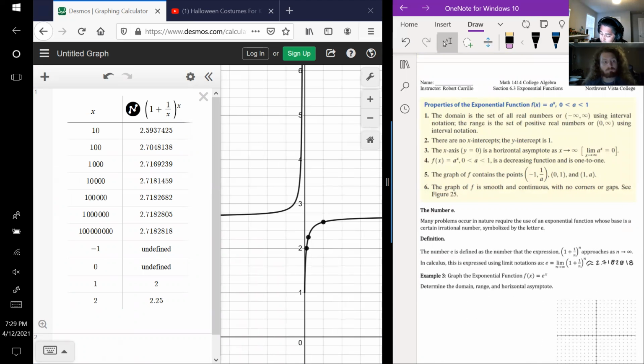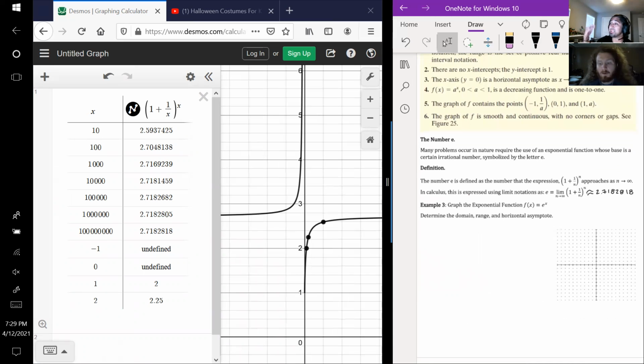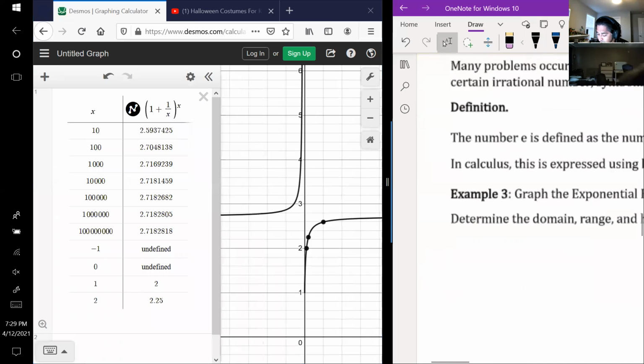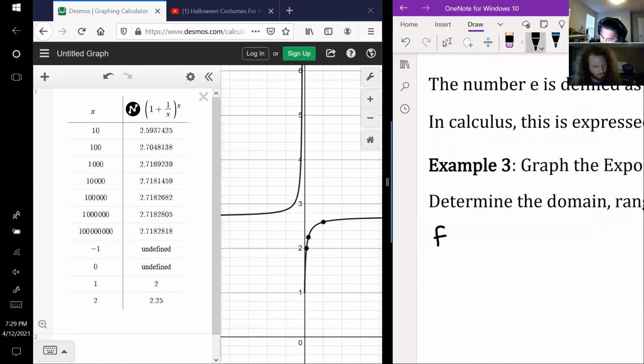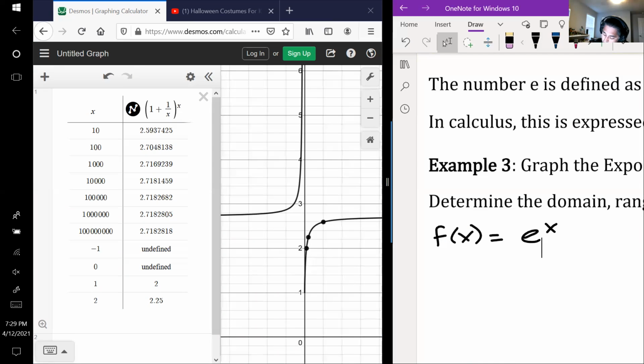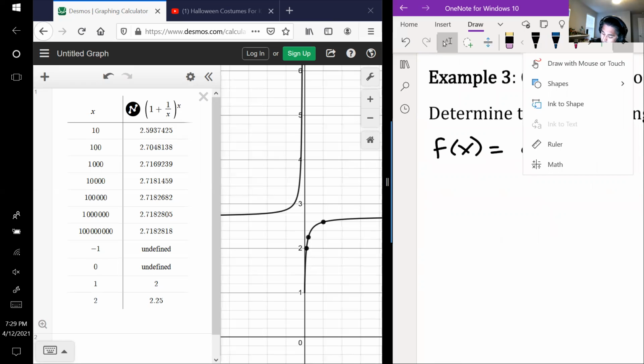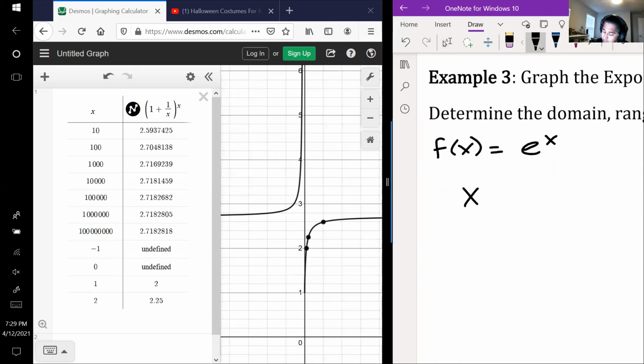Pretty cool. So now let's actually graph it by using e as an exponential base. So this will be the natural exponential function. Again, we're just going to need to create an XY chart for e to the x. So f of x equals e to the x, and we're going to choose the exact same numbers we've been doing.